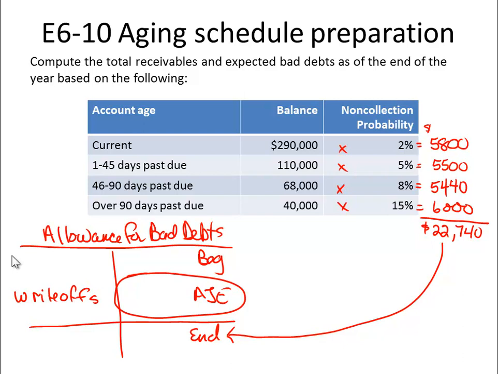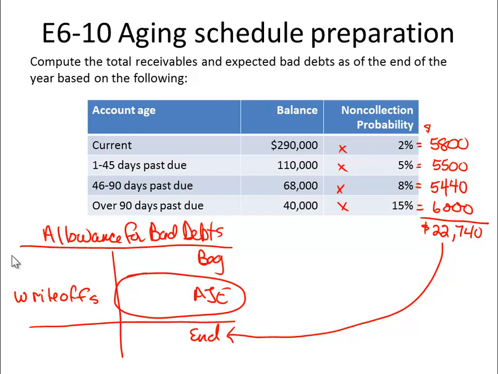So that's the EB, the old ending balance. So what you have to do then is look at what else is in the allowance account to compute what the adjusting entry has to be in order to achieve that desired ending balance of 22,740.